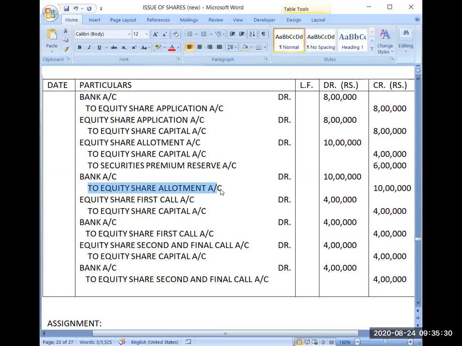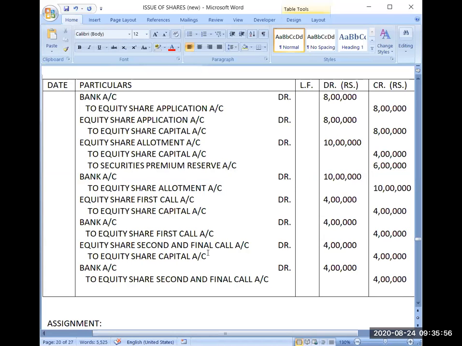Whenever I ask you to prepare a balance sheet, it is quite understood that you have to prepare notes to accounts also. Even if the question is silent, you have to prepare the notes to accounts. Equity share capital. So in this manner, if you add, you will get the total 20 lakh.